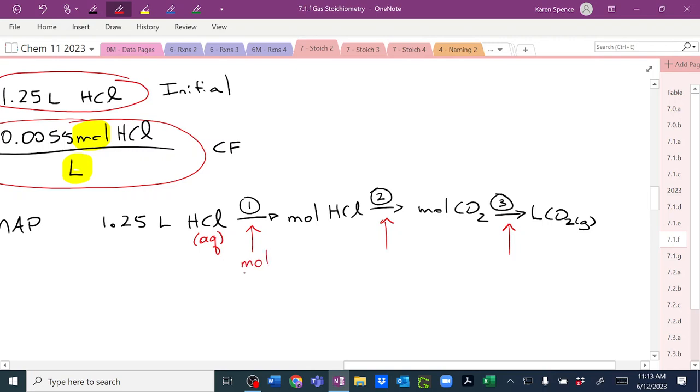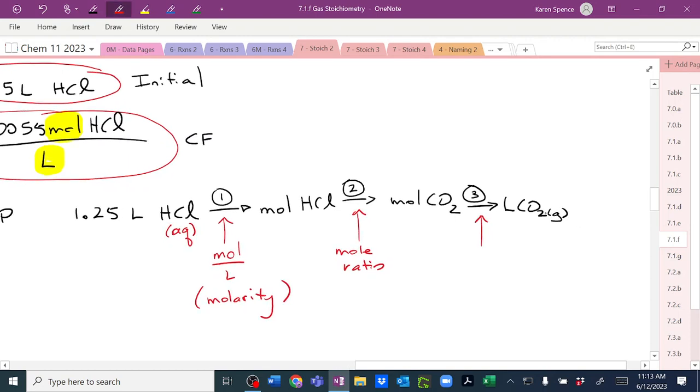Molarity. Moles per liter. Molarity. What's the conversion from moles to moles? Mole ratio. And what is from moles to liters when we have a gas? 22.4 liters per mole.